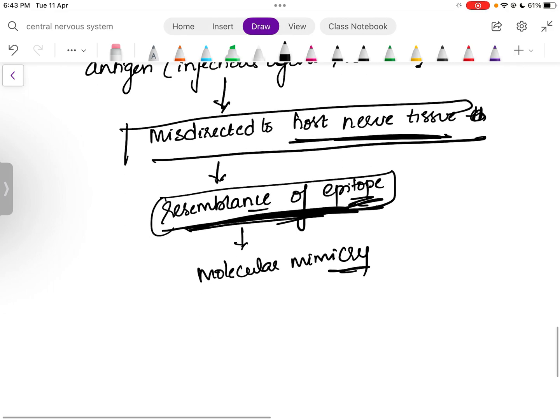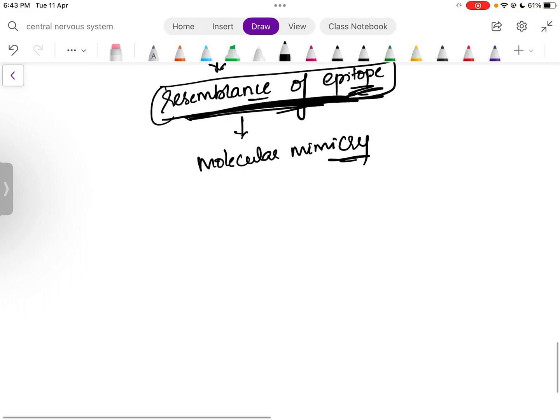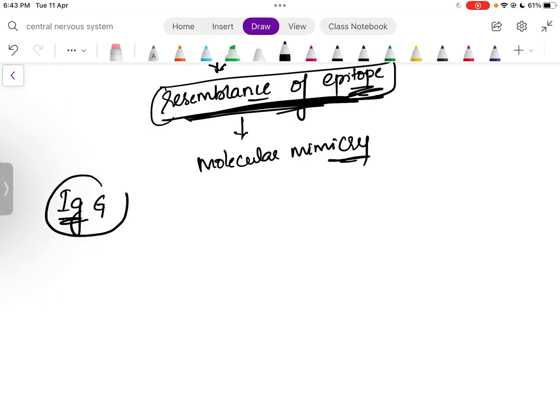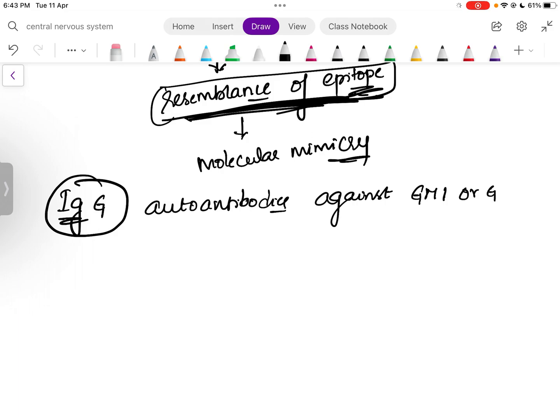What happens when there is an immune reaction? Immunoglobulins are secreted, that too IgG autoantibodies, which are directed against GM1 or GD1A.